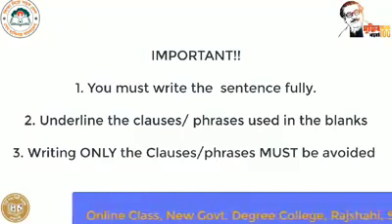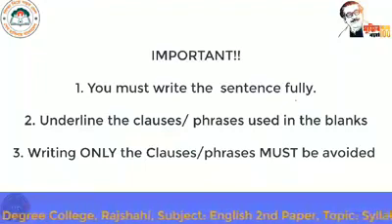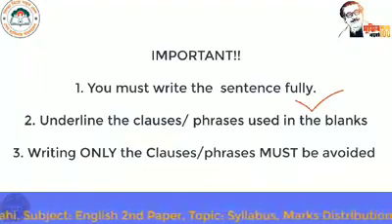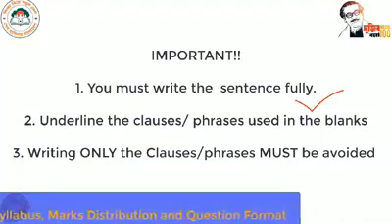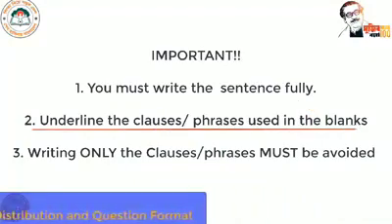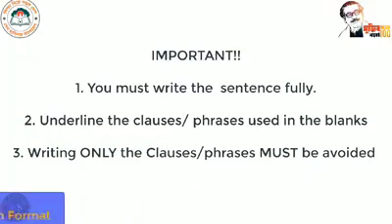keep the rules in mind. You must write the sentence fully, then underline the clauses or phrases used in the blanks, and then writing only the clauses or phrases must be avoided.